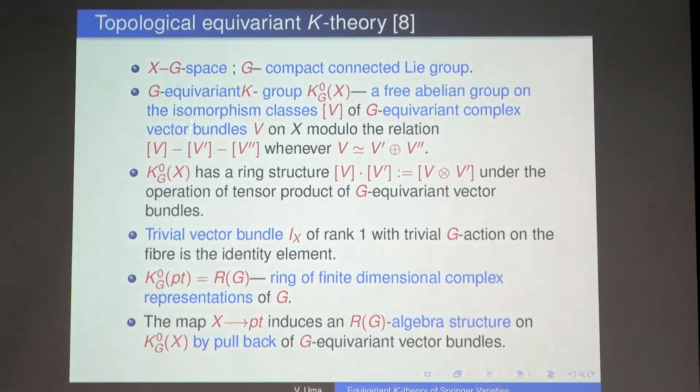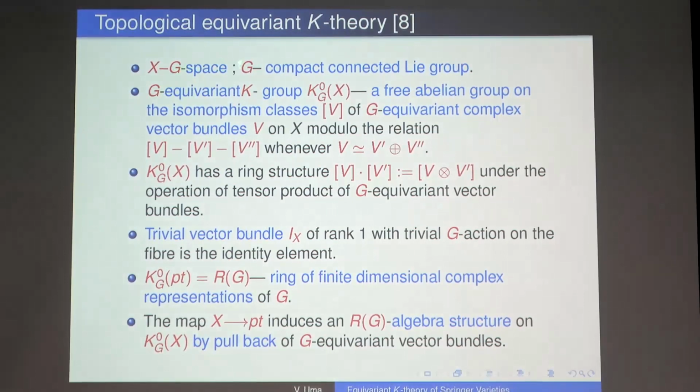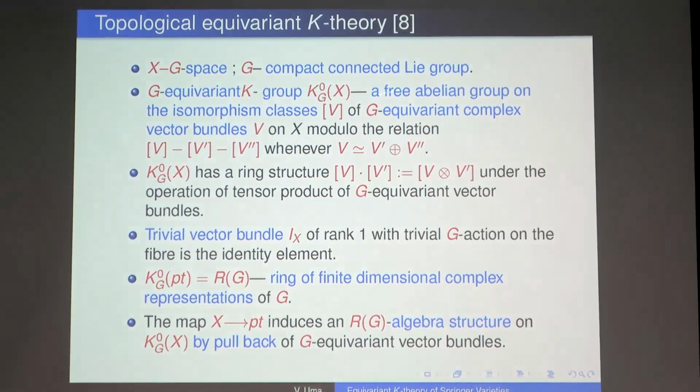So for us, X is a G-space, some space with the action of a compact connected Lie group. And by the G-equivariant K group, we take the free abelian group on the isomorphism classes of G-equivariant complex vector bundles on X, and we go by some relations.